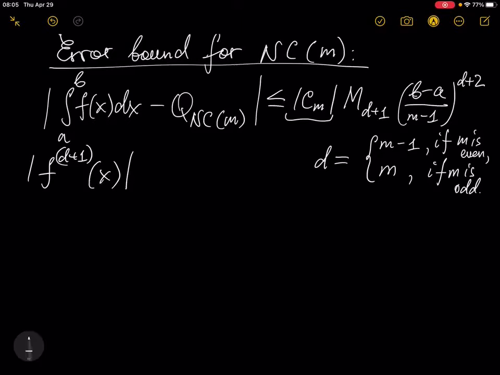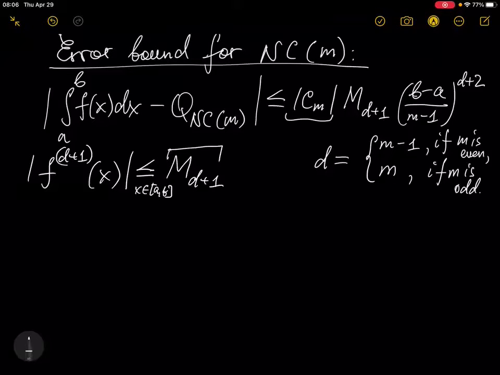So the magnitude of the (d+1)th derivative of the function under the integral sign is bounded on the top by M_{d+1} on the whole interval, for x belonging to [a, b]. Pay attention, this depends on the function. Different functions have different properties, so this bound will change based on the function.